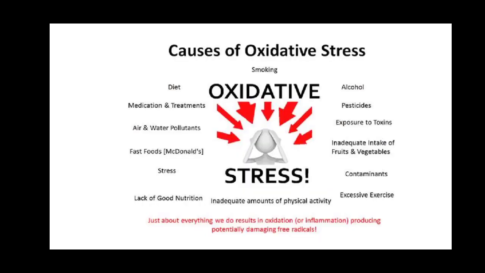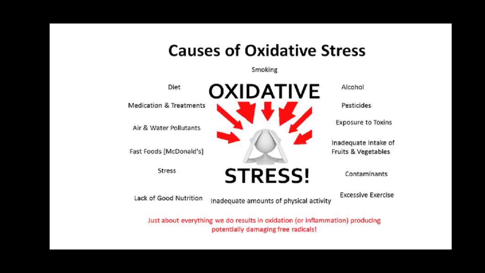We can see the causes of oxidative stress. When oxidative stress is increased, the generation of reactive oxygen species is increased. The causes are the factors which lead to the formation of more free radicals, such as smoking, diet, medication and treatments, alcohol consumption, pesticides, exposure to toxins and contaminants, excessive exercise and inadequate amounts of physical activity.